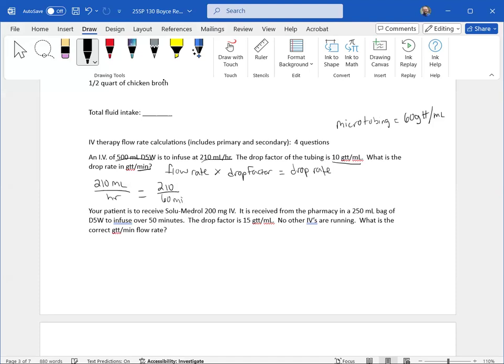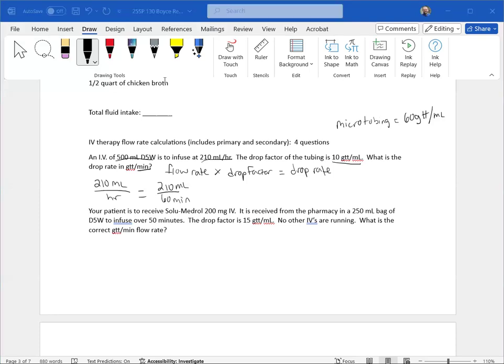A lot of times when I do these problems, I'll just write 210 over 60 minutes as opposed to writing out the whole hour. You can do it how you like, but if you prefer to write out the conversions just to make sure you're not missing anything, that's perfectly fine.